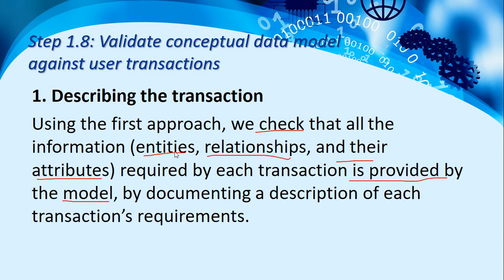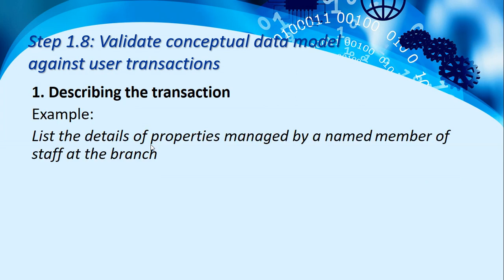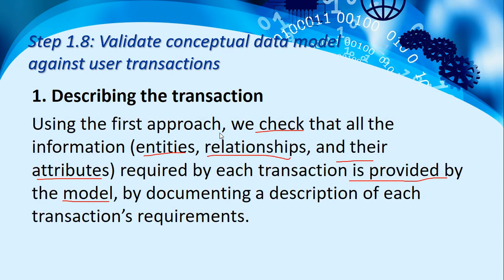We check the entities, relationships, and the attributes. First, what entities are needed here? We have the following: properties, the staff, and the branch. Okay, so let's check if we have properties, staff, and the branch.